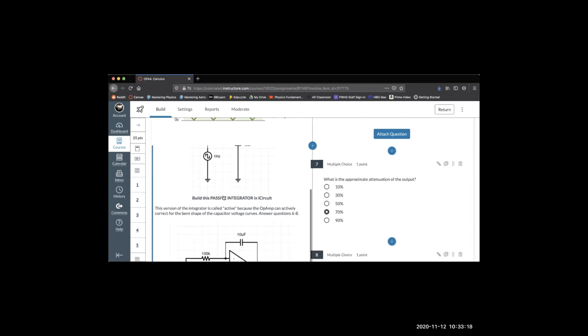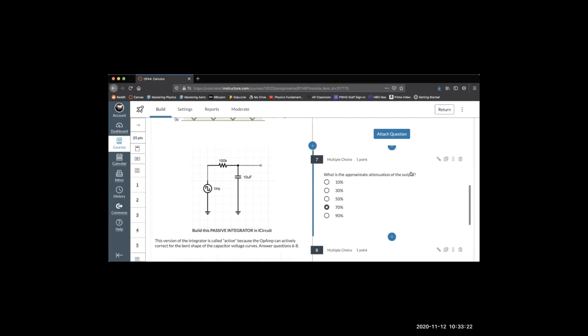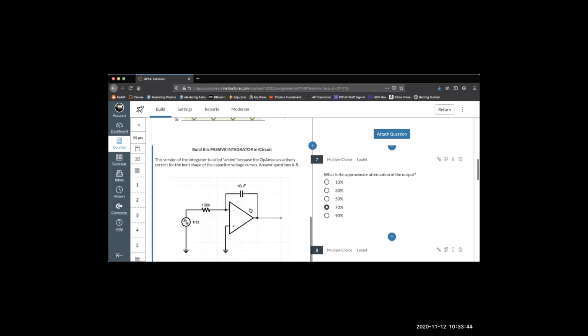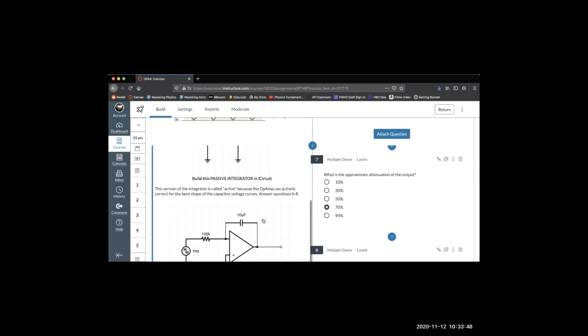And now, there's more questions. What's the attenuation of the output? Well, you compare the peak to peak of the input, which is probably 10, to the peak to peak of the output, which is around 2.5-ish. I don't remember what we set it to, but I guess it's 10 volts.